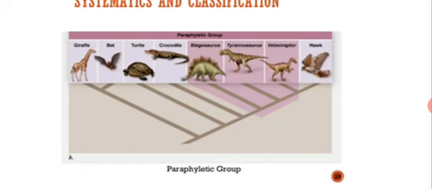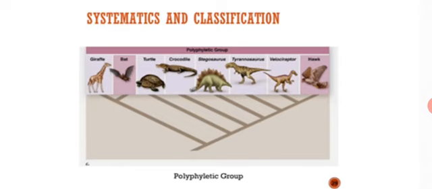Next comes the polyphyletic group. Here you can clearly make out that bat is having one line of evolution from the basic ancestral stock, and on the other hand it leads to the origin of the evolution of hawk.